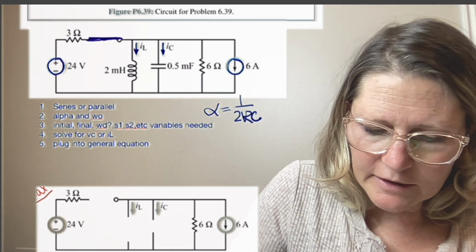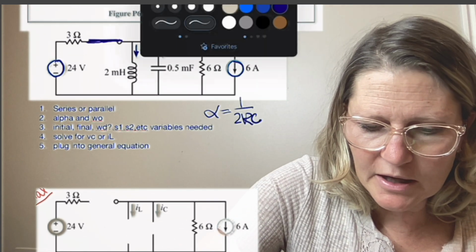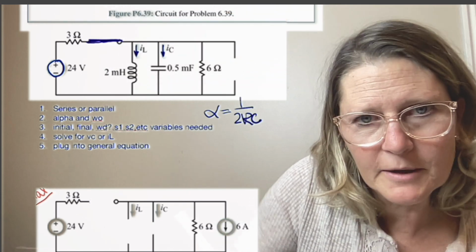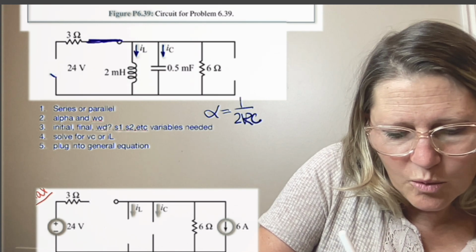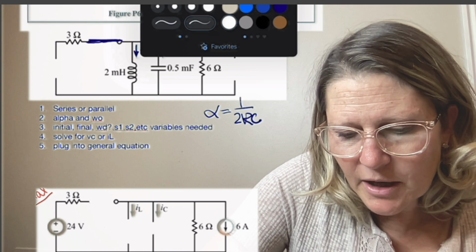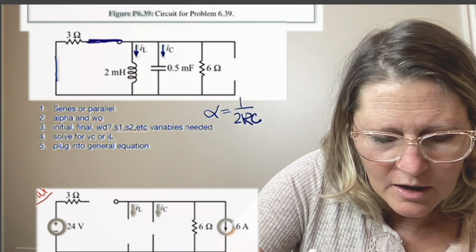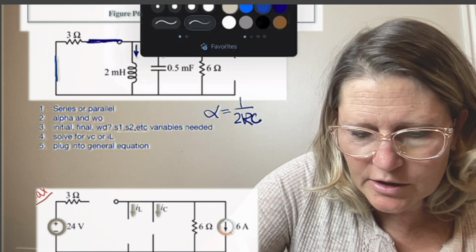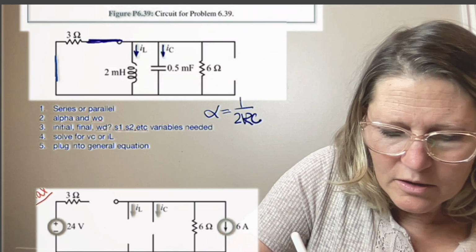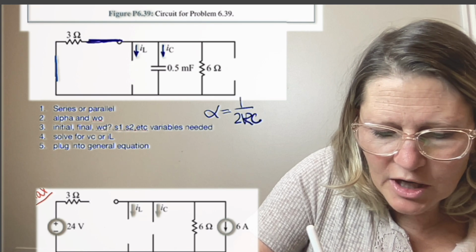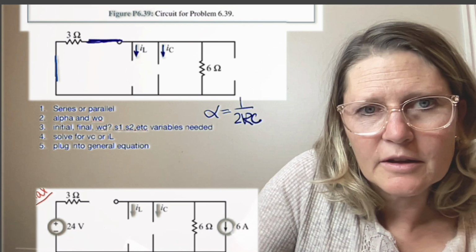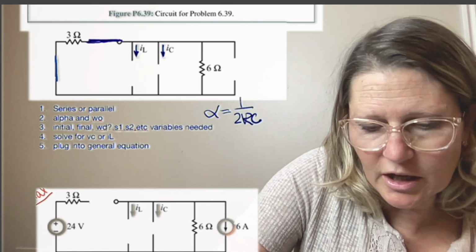Looking at this final circuit, the independent sources: this becomes an open, this becomes a wire, and in parallel form, you're going to look at the inductor and ignore the capacitor. The inductor becomes your A and B points, and you're just going to ignore the capacitor, which means you can remove it.